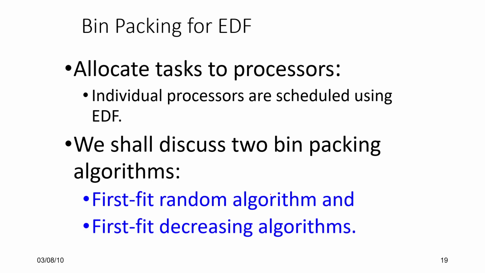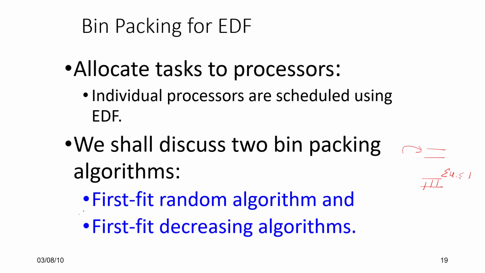As I said, primarily the idea is that if I have a bunch of tasks where the utilization is known, then I will have to dispatch them to different per-processor queues, such that, of course, the net utilization in every processor remains below 1. But the question is, how do I minimize the number of processors? That is exactly the bin packing problem.